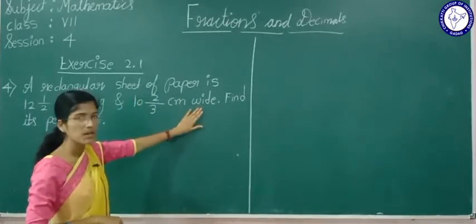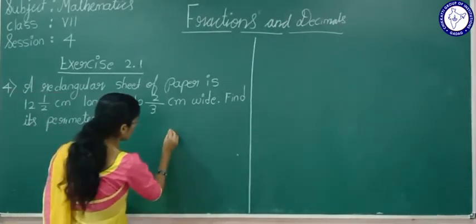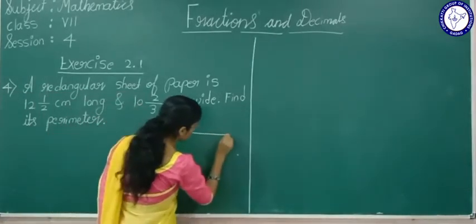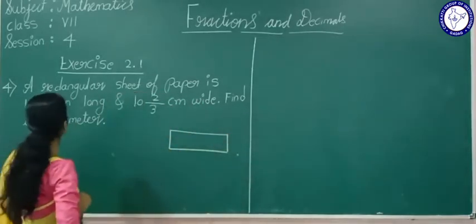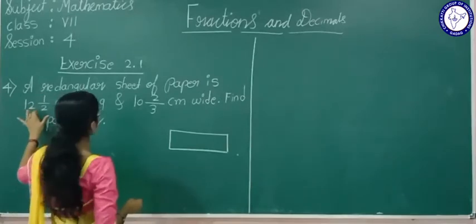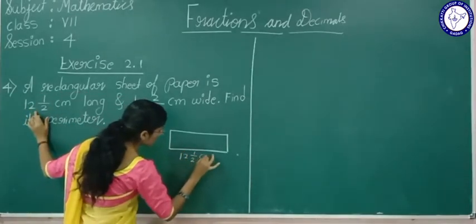Wide is nothing but breadth. Find its perimeter. So think, this is your rectangular sheet of paper. They have given its length is 12 integer 1/2 centimeter.